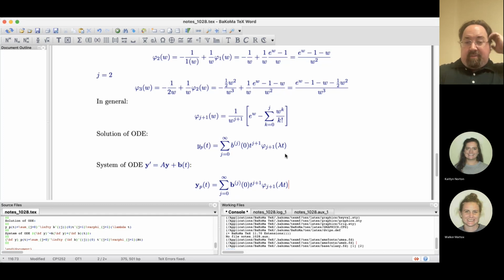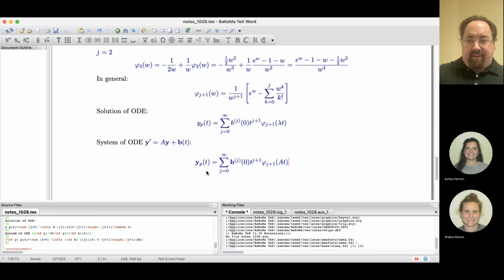Okay. So now at least we have a formula for a solution that does not require evaluating integrals, because the integrals have already been evaluated through integration by parts. We just need these derivatives.